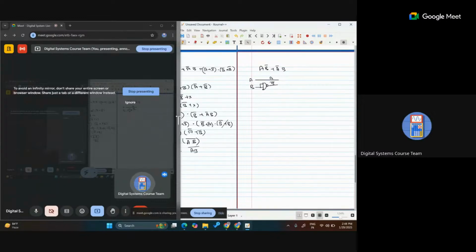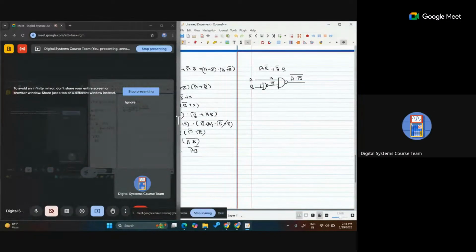NAND gate can also act as an inverter, right? Okay, sir. If I give both inputs to the same terminal, it is just an inverter. Even NAND gate or NOR gate, with both inputs tied together, can act as an inverter. Okay, got it. Then if I give this to this, what happens? I'll get A bar, A dot B bar, the whole bar.